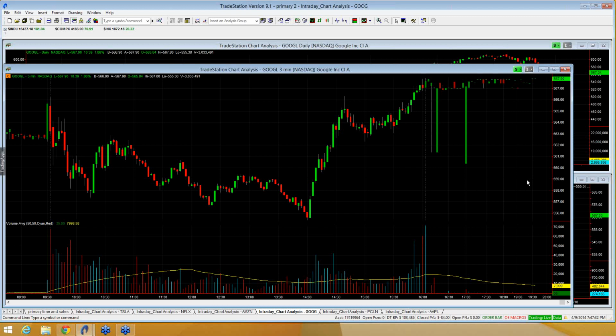SPY is almost too liquid. It's what I refer to as botted up. There's so many damn algorithms and HFTs on that thing where it'll drop 30 cents out of nowhere, then recover just as quickly, where I'd rather just trade individual stocks that are going to move, that are maybe going to be swayed by the market, and they'll make a directional move off of that.